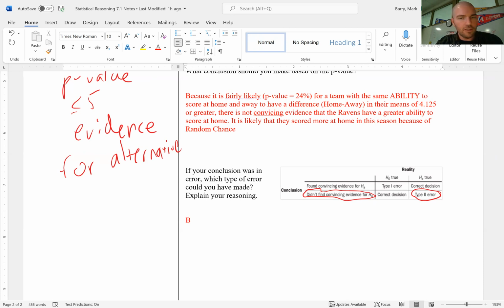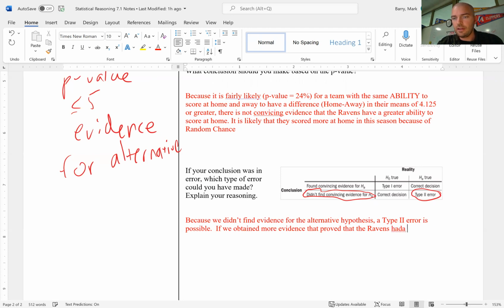And so what I would say here is because we didn't find evidence for the alternative hypothesis, a type 2 error is possible if we obtained more evidence that proved that the Ravens had a greater ability to score at home, type 2 error.